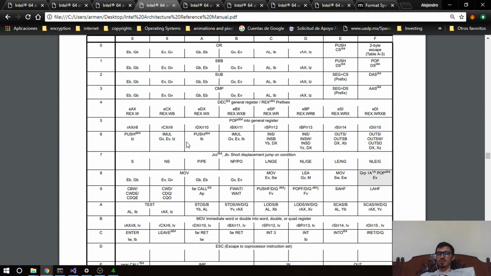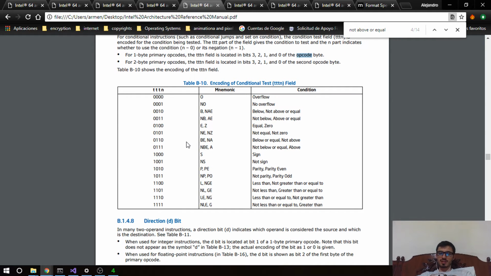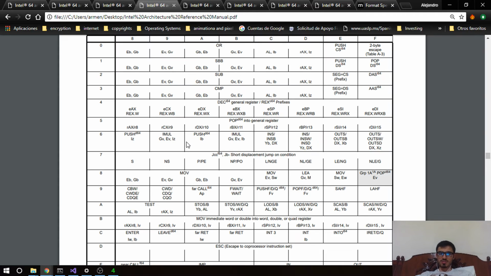If we want to know just the encoding, the prefixes, and the operands, we can just look at the table. But if you want the specific meaning of the fields inside the main opcode, we can look at this, because these things are respected in most cases.